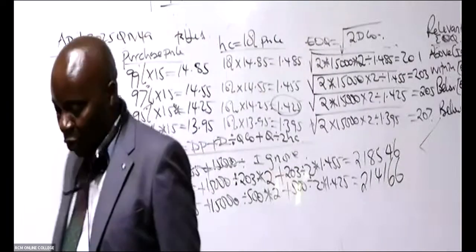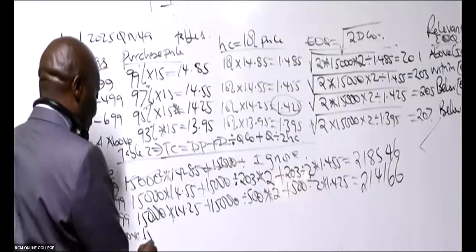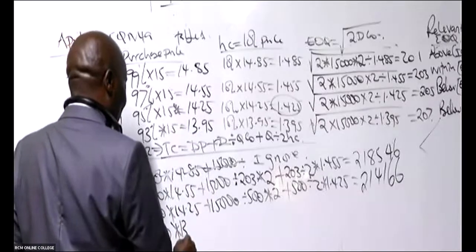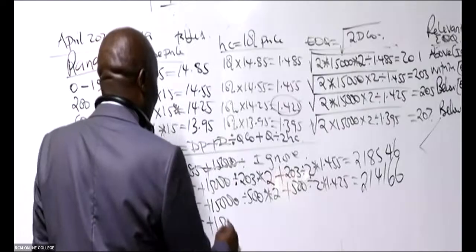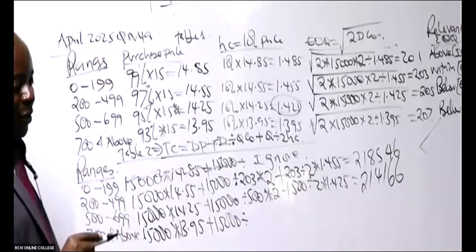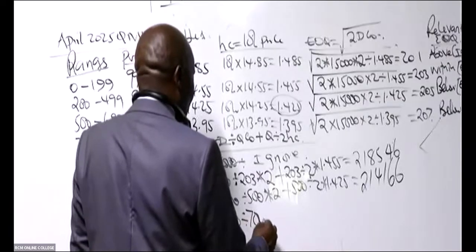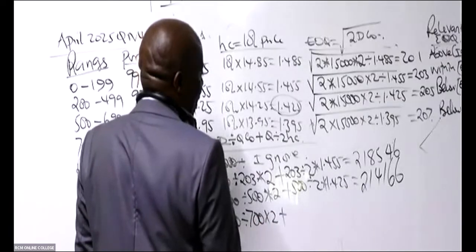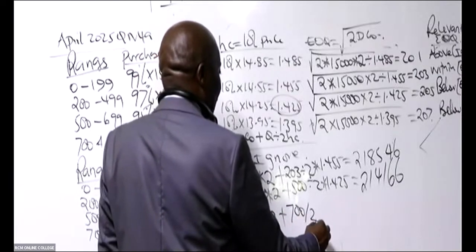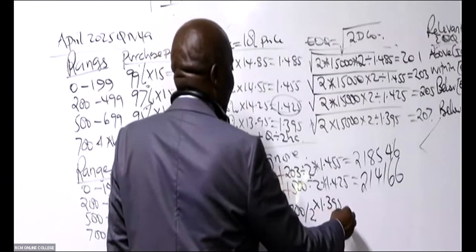Now from there, we go to the fourth one, which is the last one. The demand remains the same, times the price per unit, which is 13.95, plus 15,000. We divide this by the EOQ for the fourth one. What is the EOQ for the fourth one? 700. 700 times the cost per order, which is 2, plus quantity over 2, so 700 divided by 2, times 1.395.